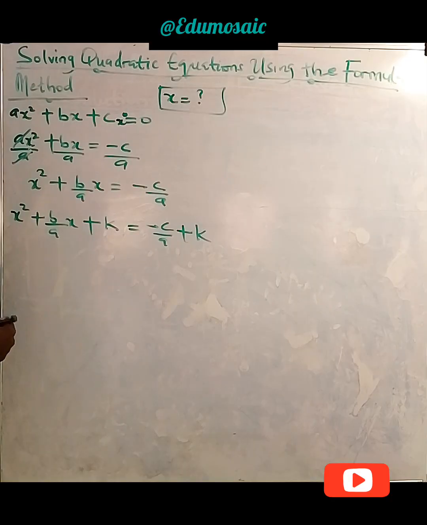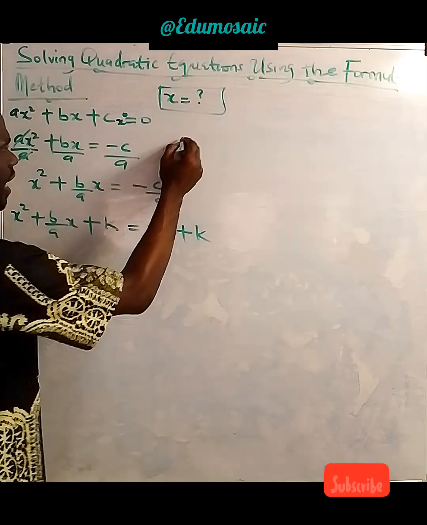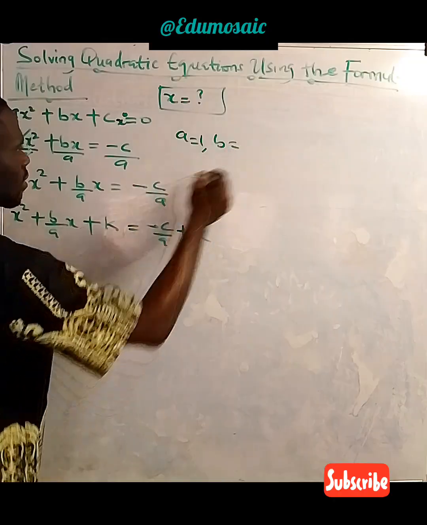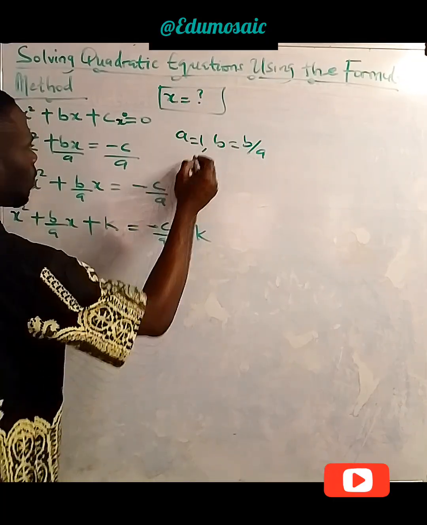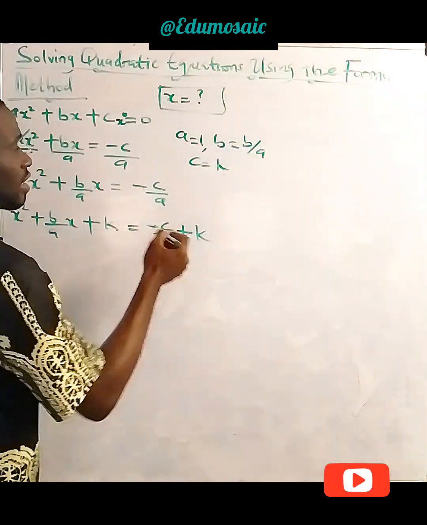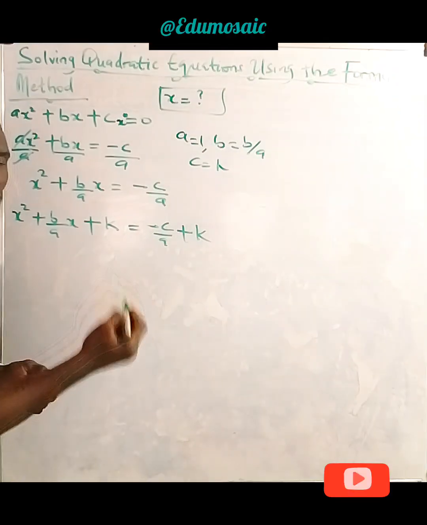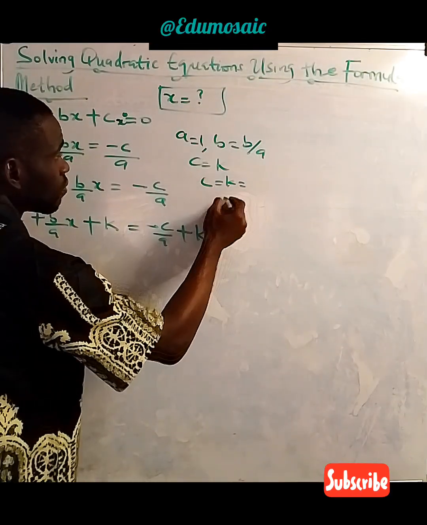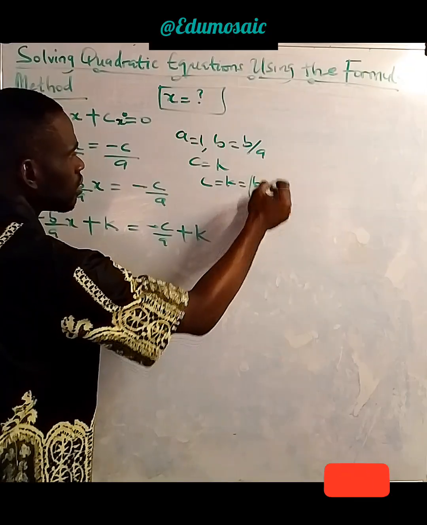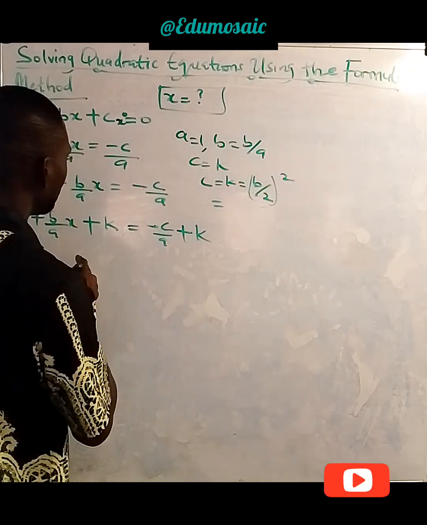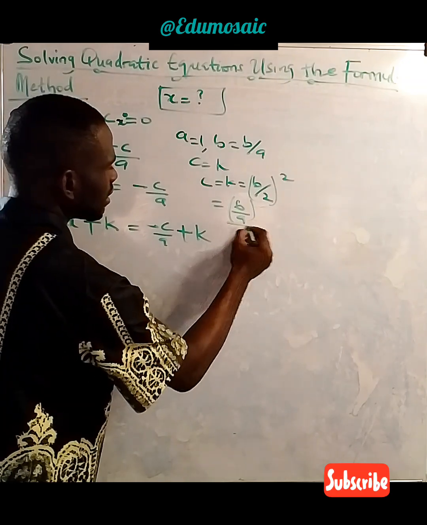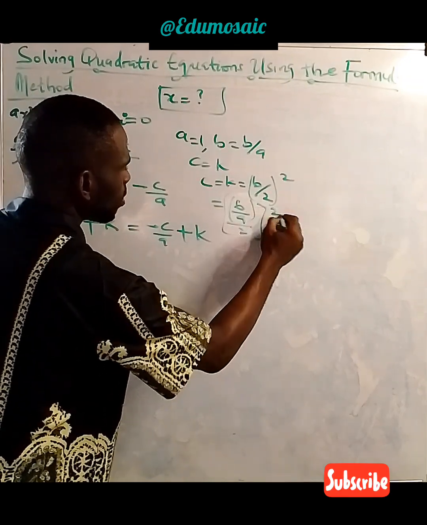So how do we get the value of k? The value of k, I beg your pardon. So a is plus 1, as you can see. b is plus b over a. And c is the k we are looking for. Now there's a formula which we call the discriminant formula. So for us to get the value of c, which is also the k we are looking for, it is b over 2 raised to power 2. What is b? b is b over a, divided by 2, raised to power 2.